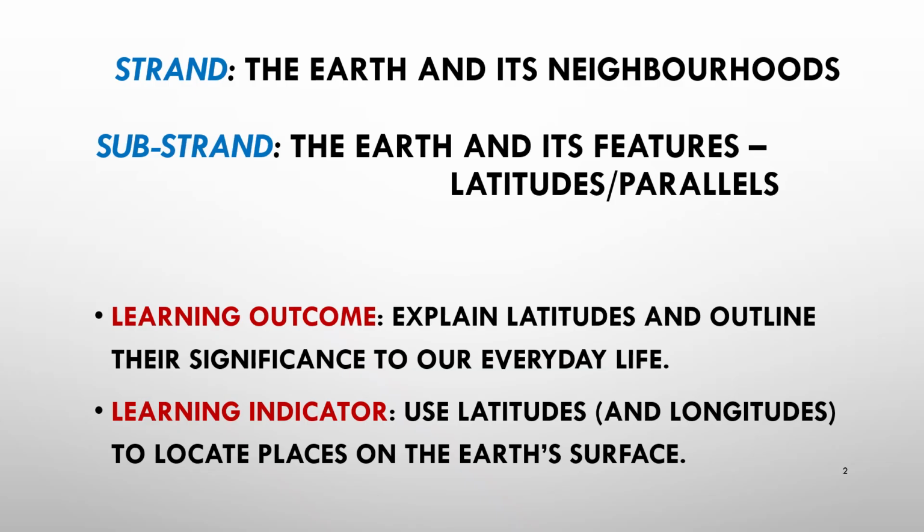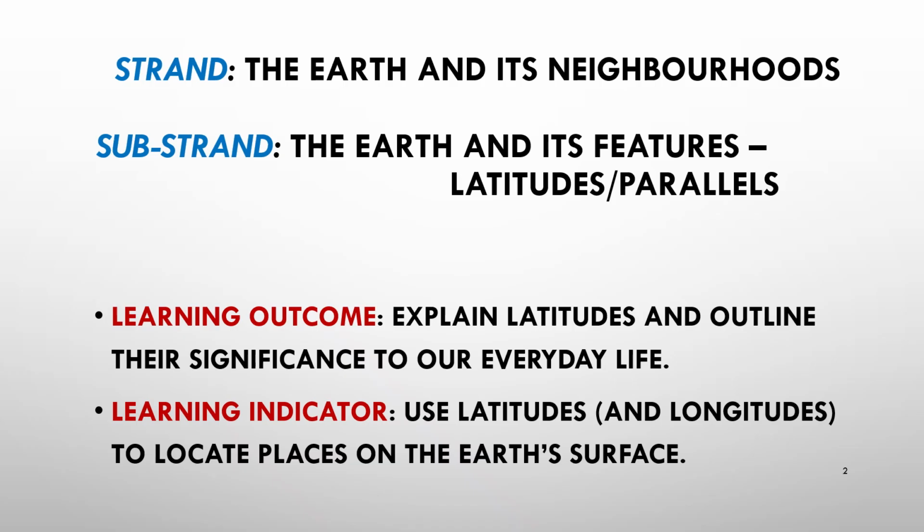Our learning outcome is to explain latitudes and outline their significance to our everyday life. This means that by the end of this lesson, you should be able to not only define what latitudes are, but also articulate why they are important and how they affect us in real, tangible ways.